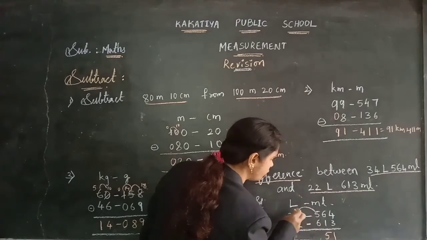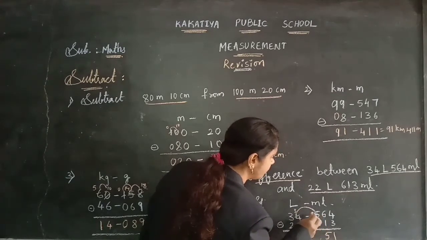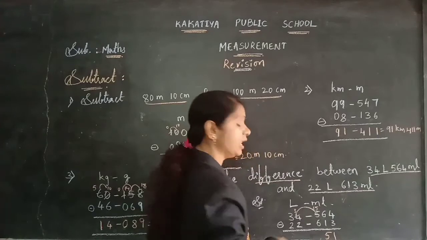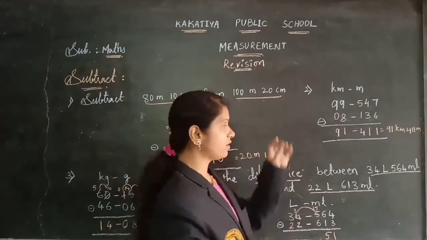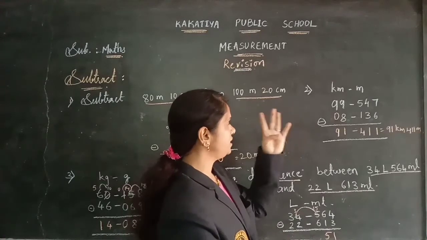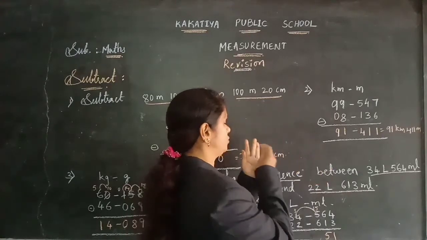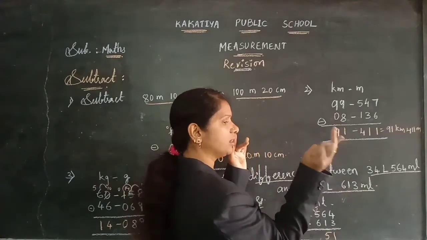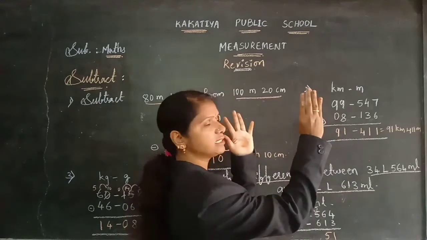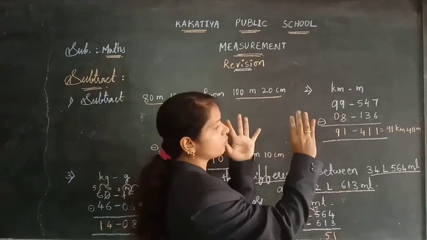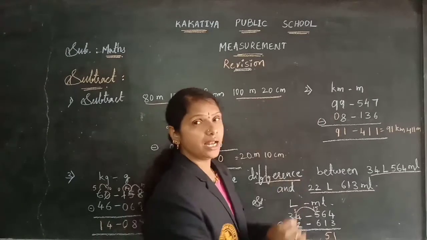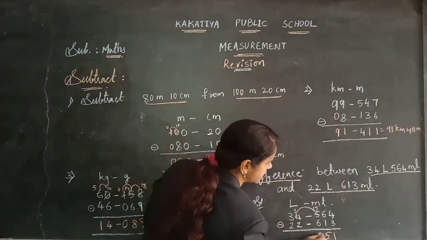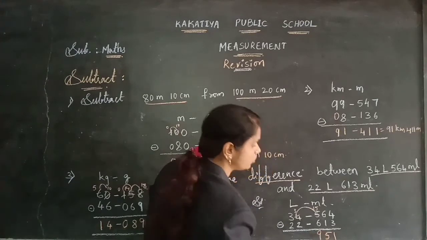4 will become 3 and 5 will become 15. Now you can start counting from 6 to reach the 15, children. 6 after 7, 8, 9, 10, 11, 12, 13, 14, 15. So I reached the 15. How many numbers are required? 1, 2, 3, 4, 5, 6, 7, 8, 9. 9 numbers are required to reach the 15.